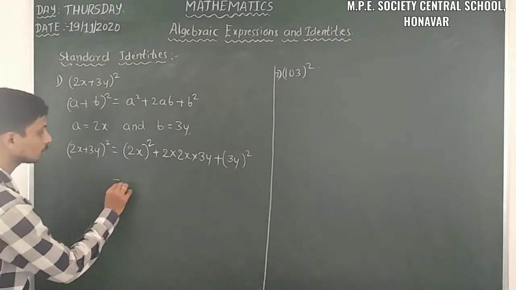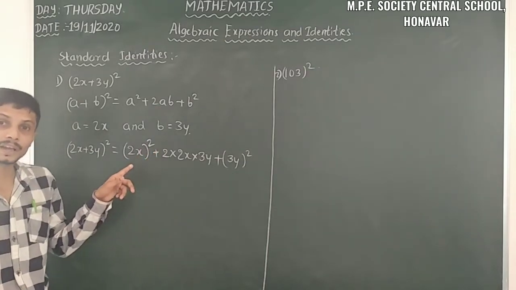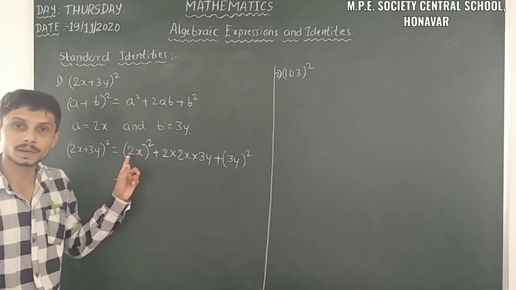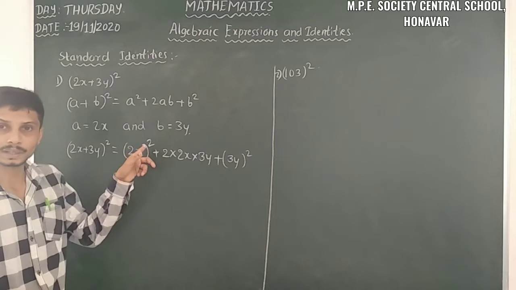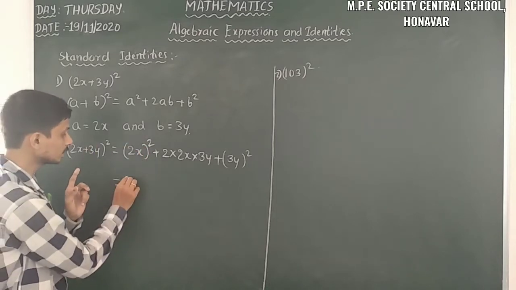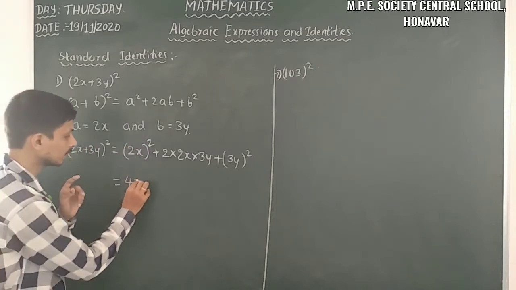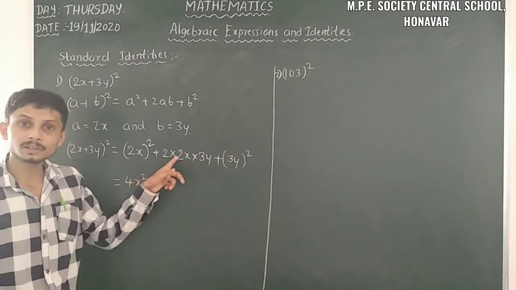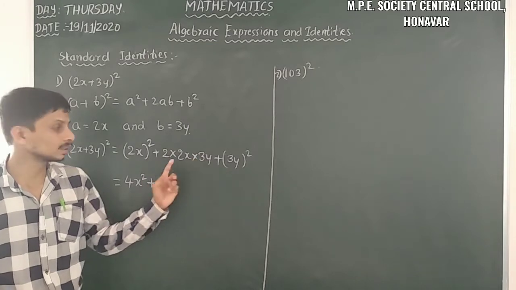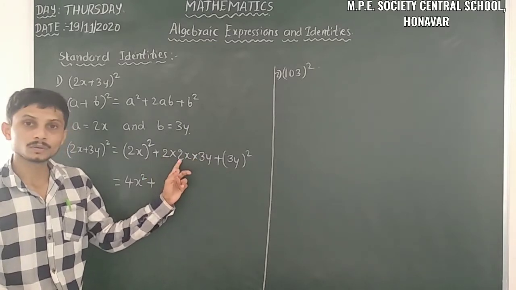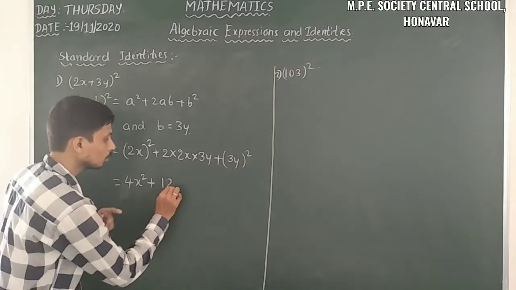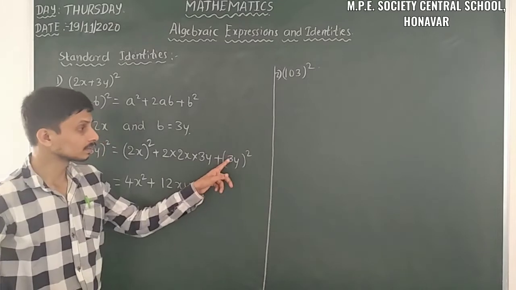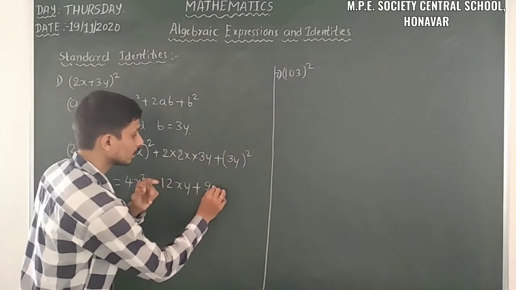Now (2x) whole square: 2 square is 4, and x square remains as it is, so 4x square. Then plus, first multiply the constant terms: 2 into 2 is 4, 4 into 3 is 12, and xy remains. Plus 3 square is 9, and y square remains as it is.